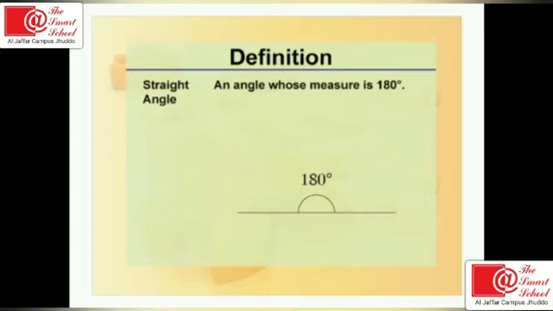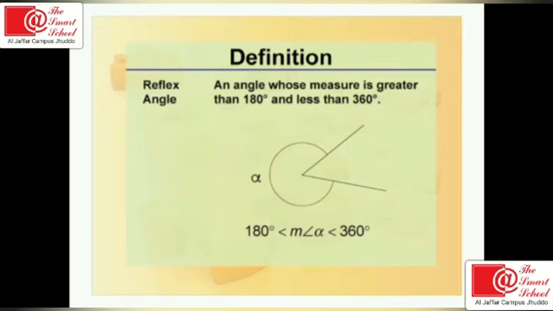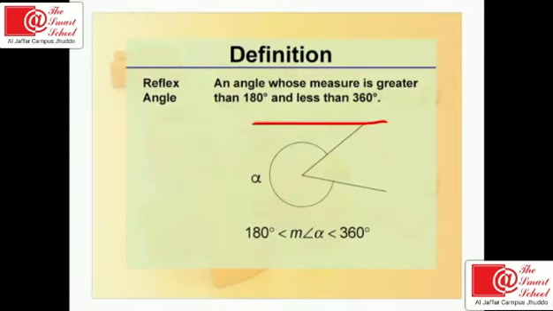An angle whose measure is exactly 180 is called a straight angle. The next one is reflex angle. An angle whose measure is greater than 180 and less than 360 is called a reflex angle.